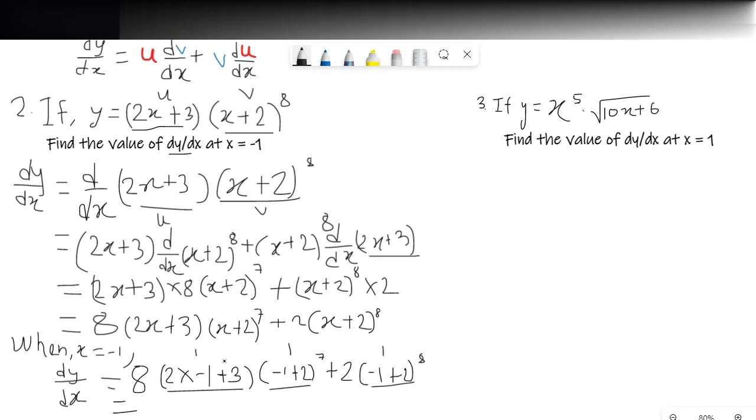So 8 multiplied with 1 multiplied with 1 is still 8, and 2 multiplied with 1 is also 2. So 8 plus 2 is basically 10.